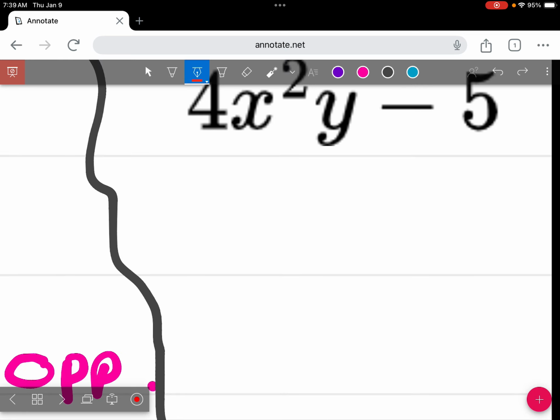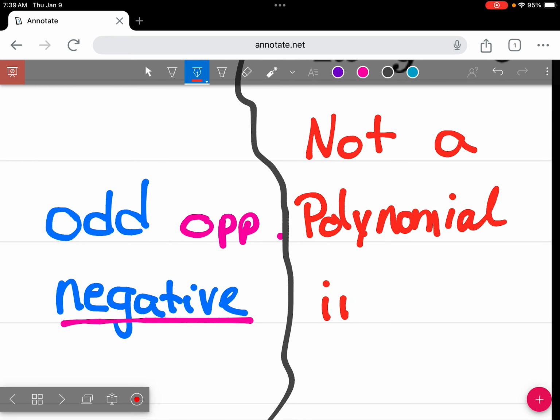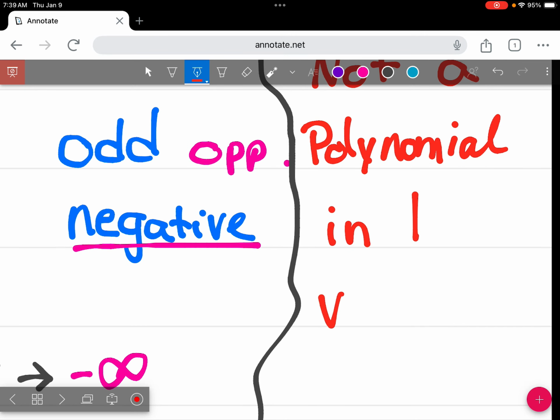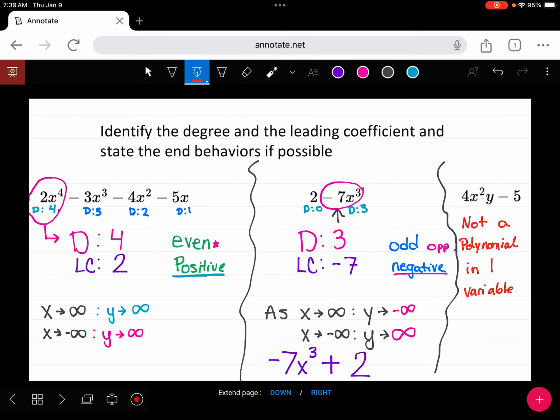This is not what we're working with here. So it's not something we're going to be able to find end behavior for. We're not going to put it in standard form. We are not going to find our leading coefficient or our degree. I'm not saying it's impossible. There are ways to do it. It's just not going to be something we do. So we are not working with anything that has two letters like this.